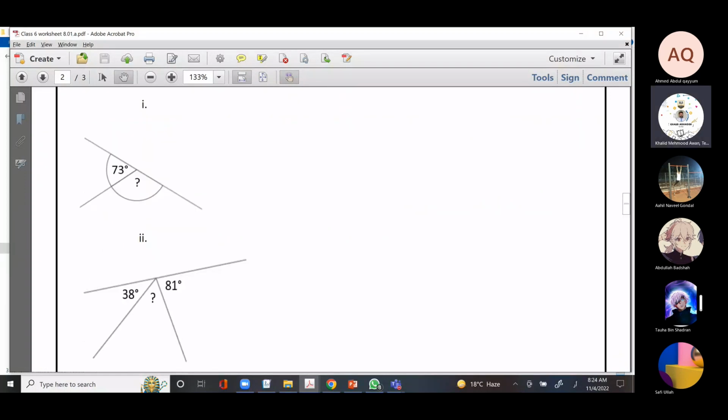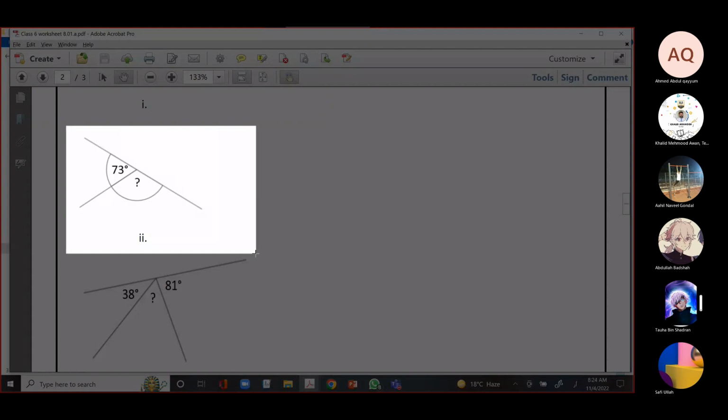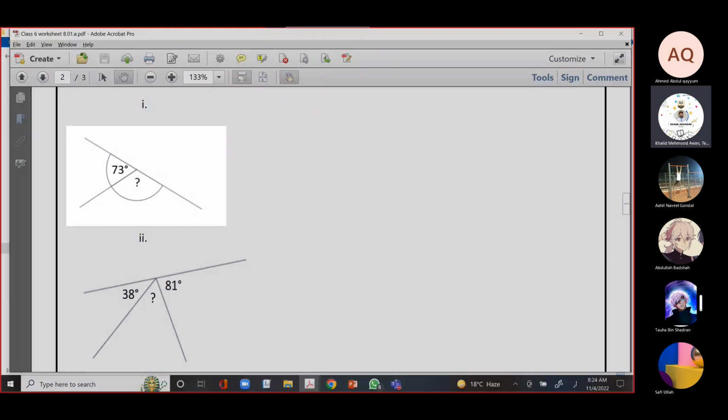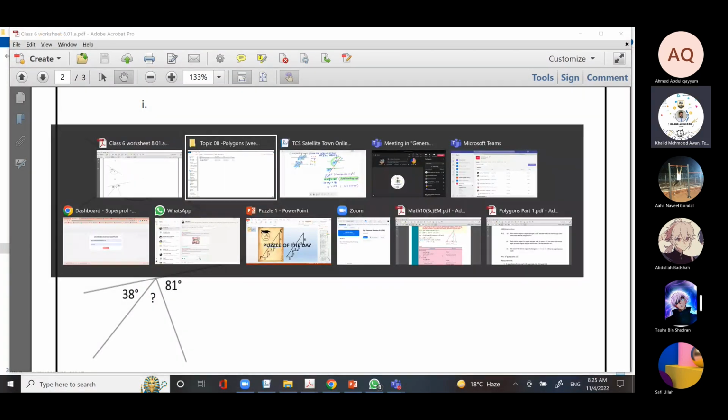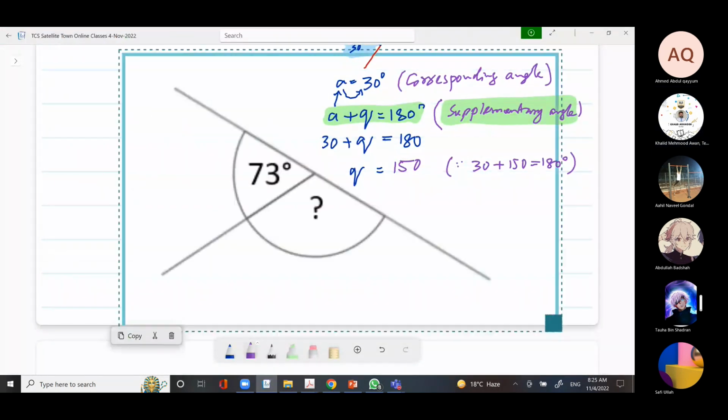Okay, now I'm taking this picture. Now we are taking this picture and we are coming to our file, and then there's a picture.